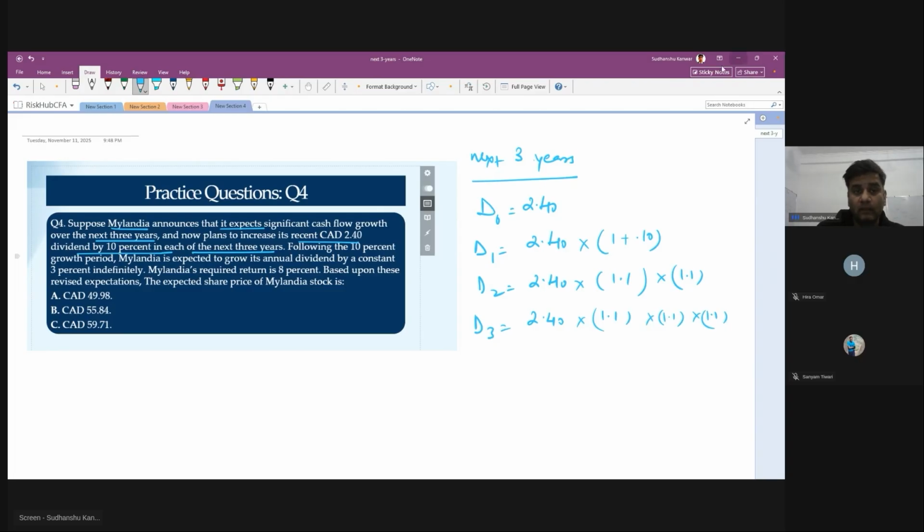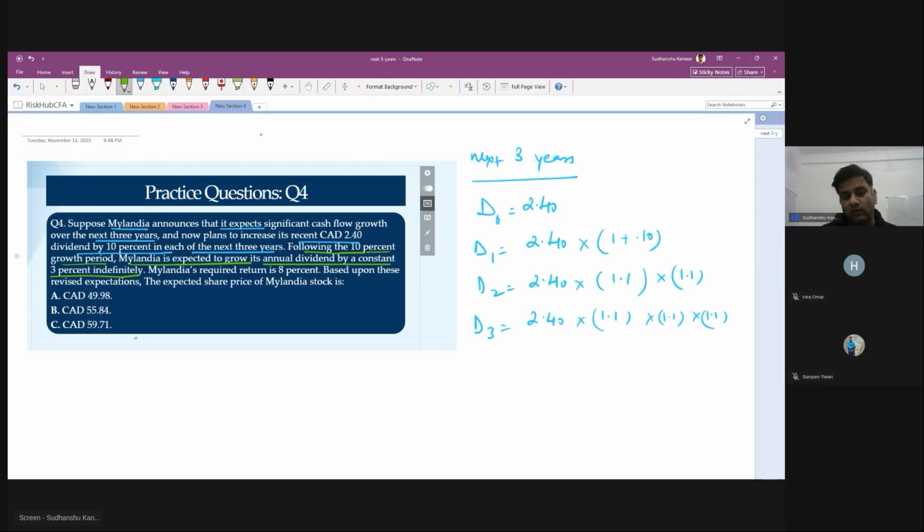Now here the language is changing, right? Here the language is twisting, I would say. So what is it saying? Following the 10% growth period, Mar India is expected to grow its annual dividend by a constant 3% indefinitely, right?